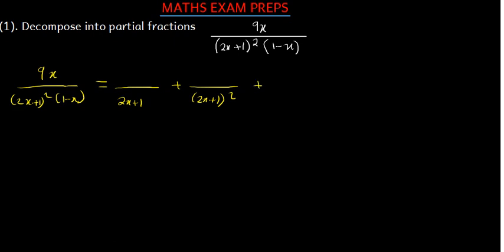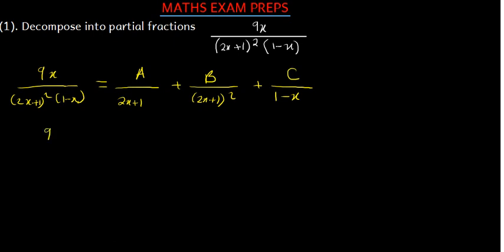And then the third one is where we only have 1 - x. So on top we are going to put A, here B, and here C, because they are all linear factors. We don't have any quadratic factor. It's just that for this one it is a repeated linear factor.